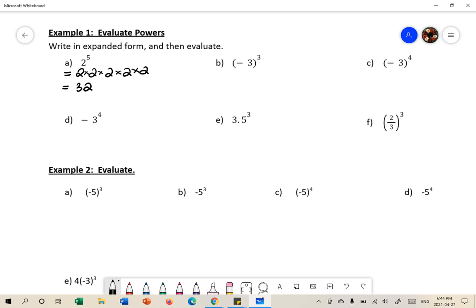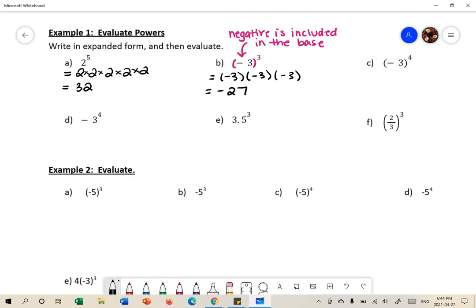In B, we have -3 in brackets. These brackets tell us that everything inside of the brackets is the base. So we're raising -3 to itself 3 times. So this is -3 times -3 times -3, which is equal to -27.